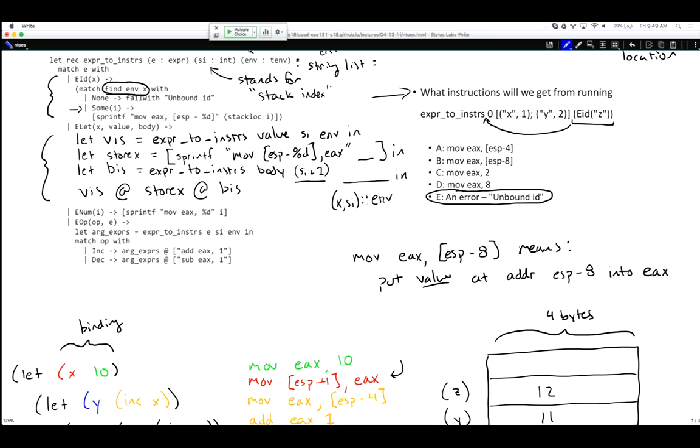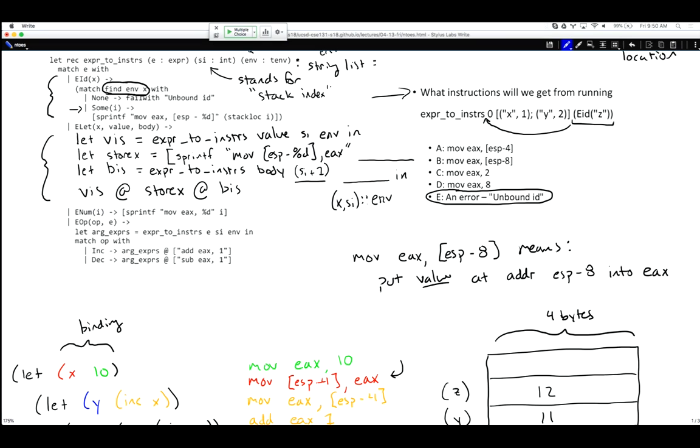What does that mean for this other blank that we had? What should we put here if we have x comma si below? Yeah, just SI? Other suggestions? A bunch of people said, okay, so stack location of SI.